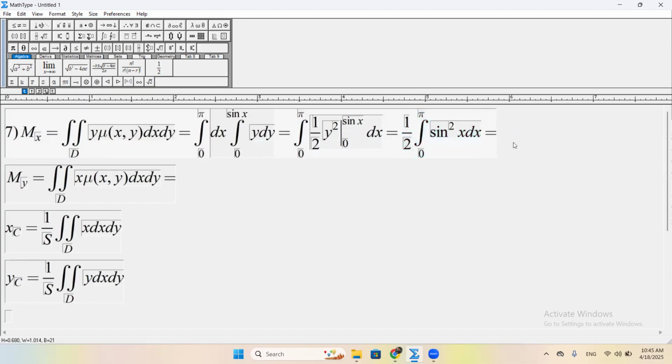So now let's modify this integral a little bit. What will we have? 1/4, and here in the brackets, 1 minus cosine of 2x.